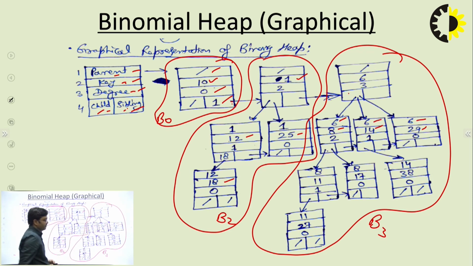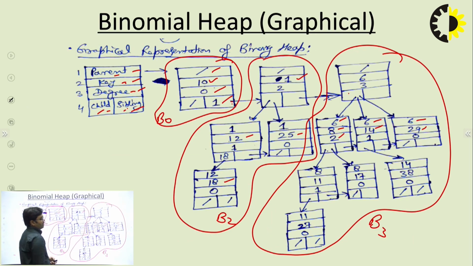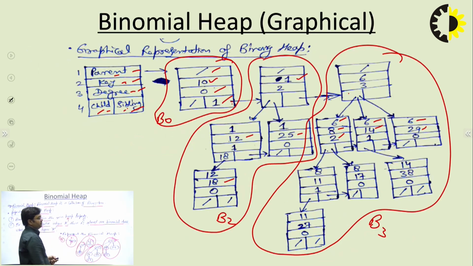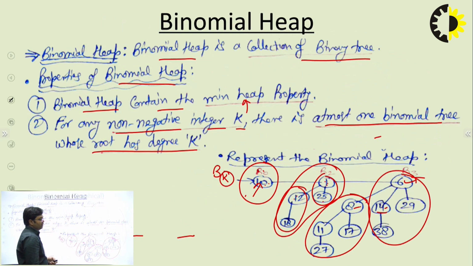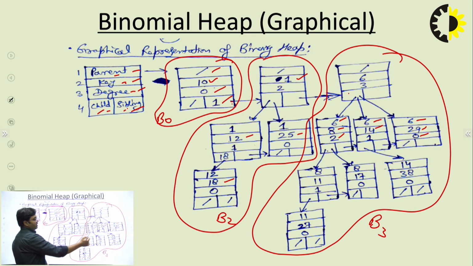The degree of node 8 is 2, 14 has degree 1, and 29 has degree 0. 29 does not have any child and also does not have any sibling.